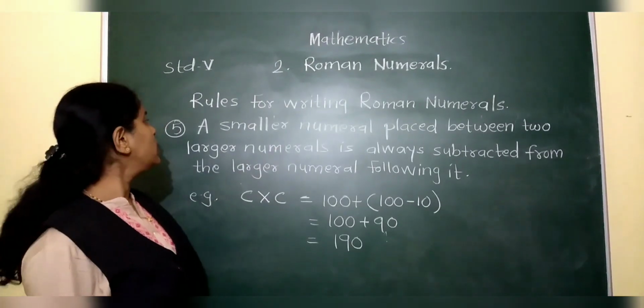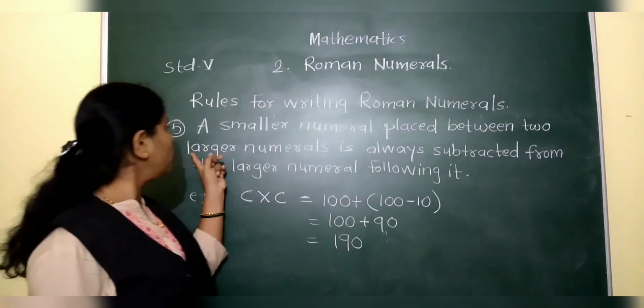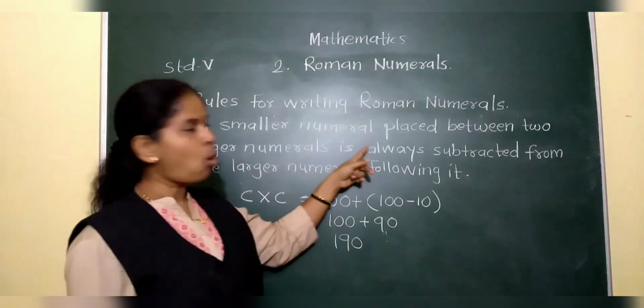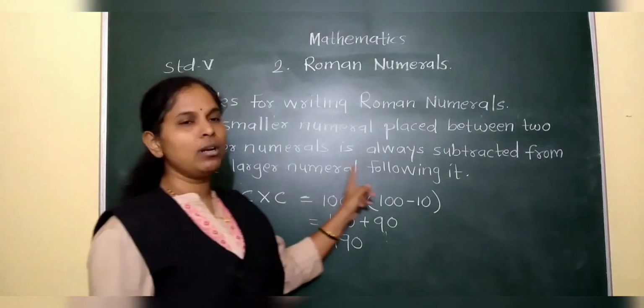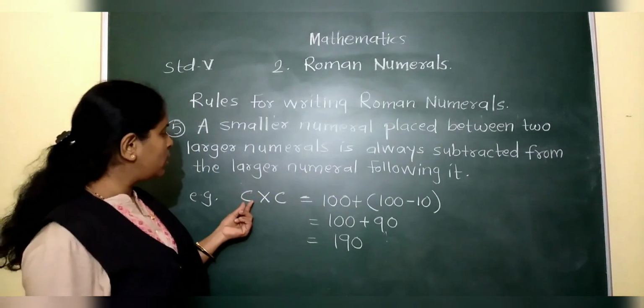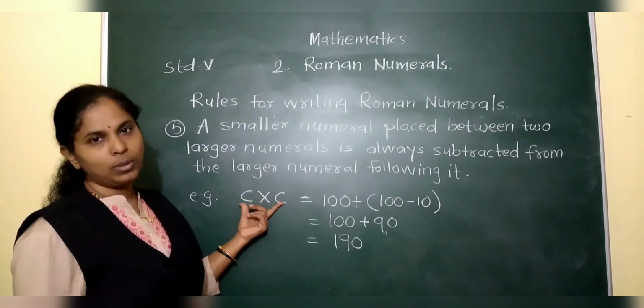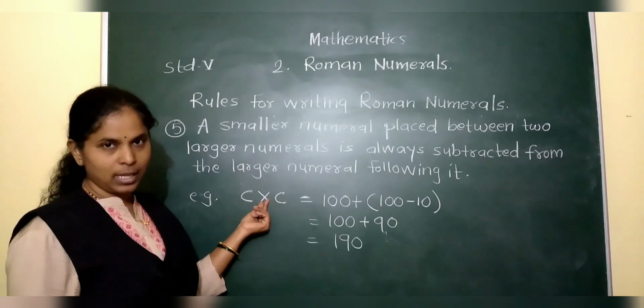Now the next rule is: a smaller numeral placed between two larger numerals is always subtracted from the larger numeral following it. Meaning what? See, these are two larger numerals and between them one smaller numeral is there, correct?